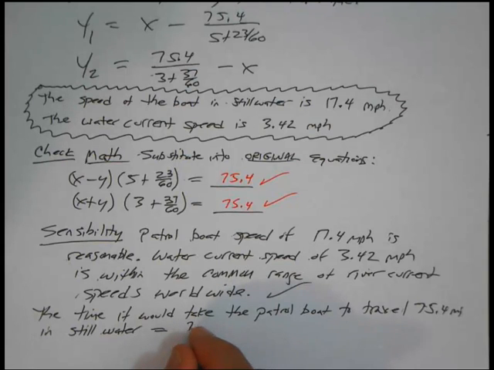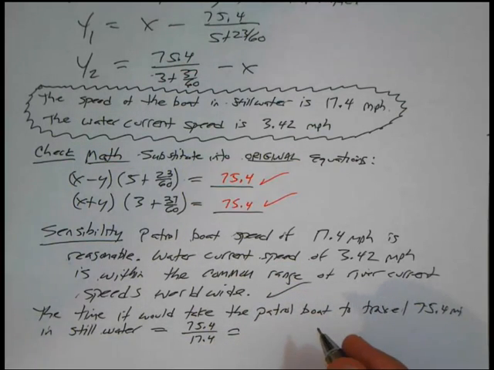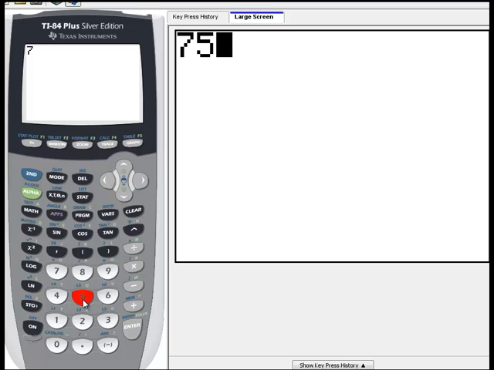That would mean 75.4 divided by the 17.4 we have here. And this is about equal to, let me get a little calculator, 75.4 divided by 17.4.